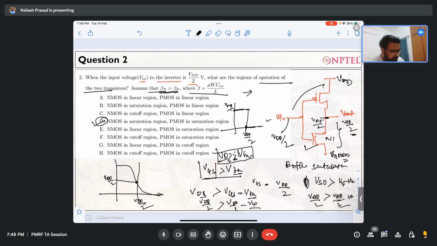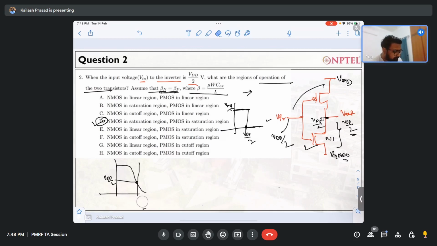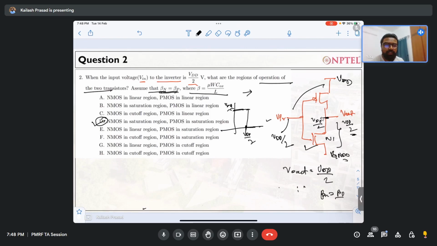This statement has only been made because beta n is equal to beta p was there. If this statement wouldn't be there, I couldn't have said that Vout is equal to VDD by 2. This is because beta n is equal to beta p. But what happens when beta n is equal to beta p?